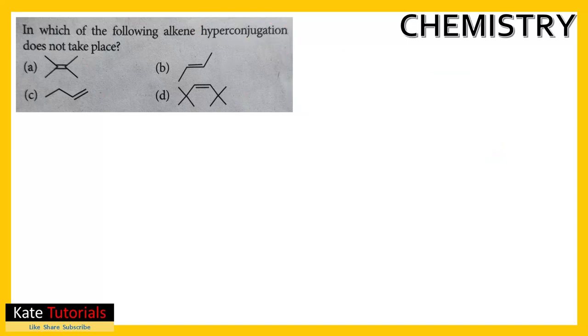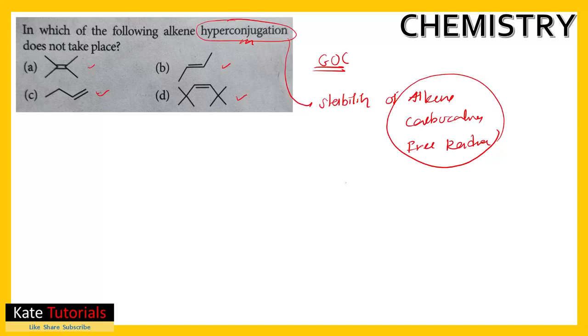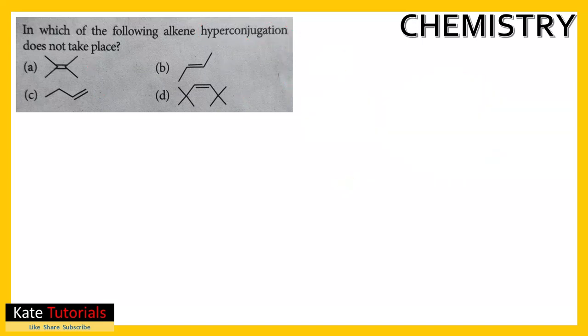If we see A, A is like this, right. Double bond here, CH3. For hyperconjugation we have to look at this. Here this carbon is there, carbon double bond, and here CH3, CH3, CH3, CH3.